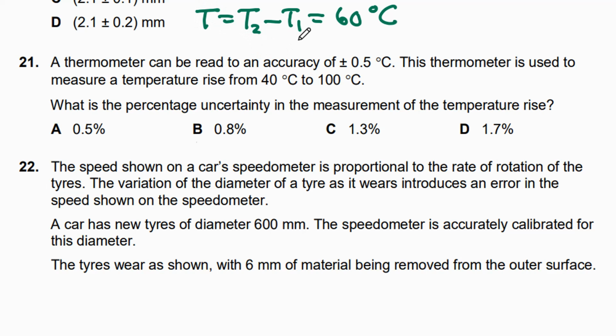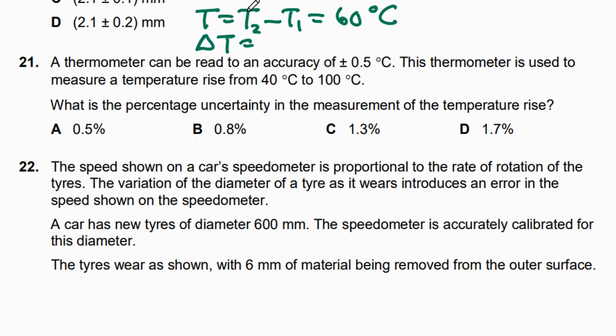the other. We need to find the percentage uncertainty, but before we find the percentage uncertainty, we need the absolute uncertainty in the temperature rise. Now, the accuracy here is given as plus minus 0.5 degrees centigrade, and this applies to each of T2 and T1.